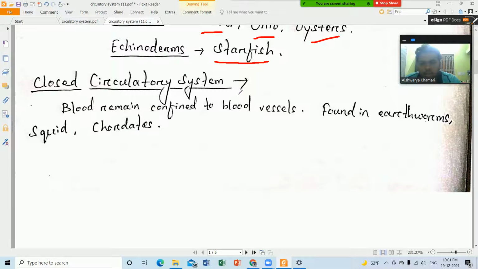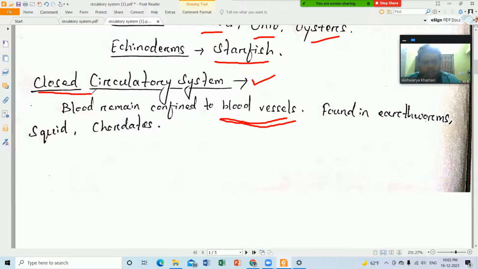Now we will discuss the closed circulatory system. It is a circulatory system that is confined in blood vessels. That includes arteries, veins, and capillaries. The blood remains present in the blood vessels. That's why this kind of circulatory system is known as the closed circulatory system.